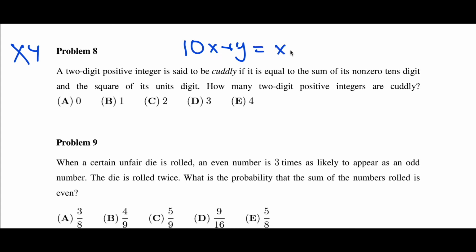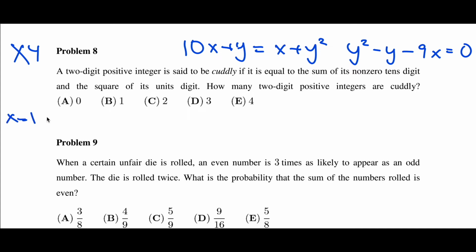And that would be x plus y squared. And if you move all the variables to one side, you would have y squared minus y minus 9x, which is 0.